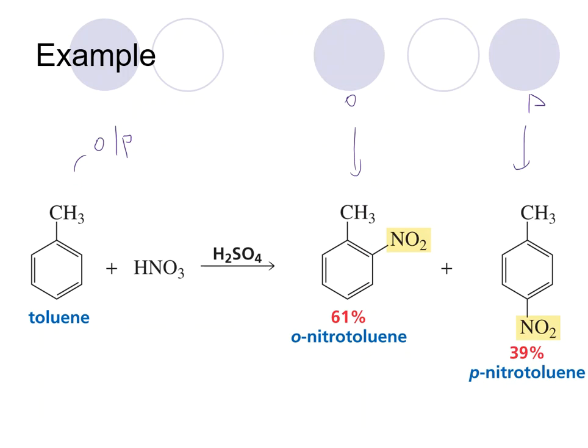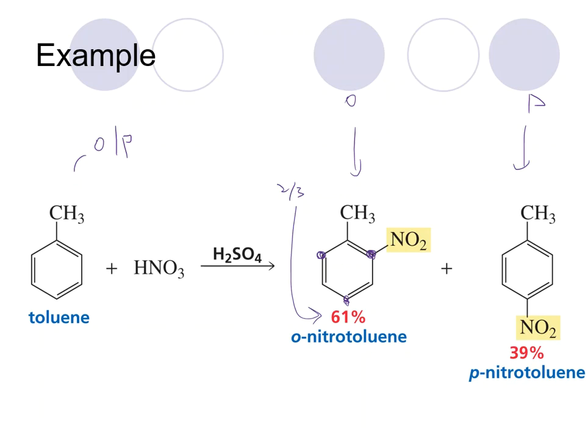And if we take a look at the yields of each one of the O's and the P's, and we calculate that percentage, well, ortho, out of the 3 spots that nitro could go to, ortho takes up 2 of 3, which is about 66%. And look at the percentage that actually forms.